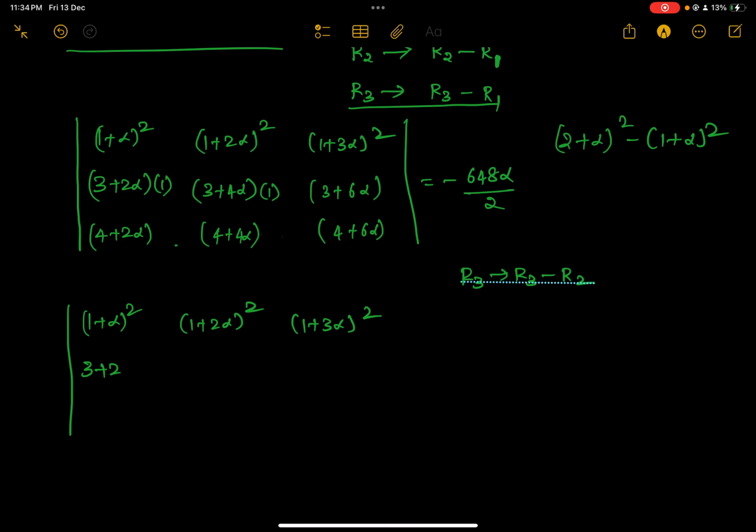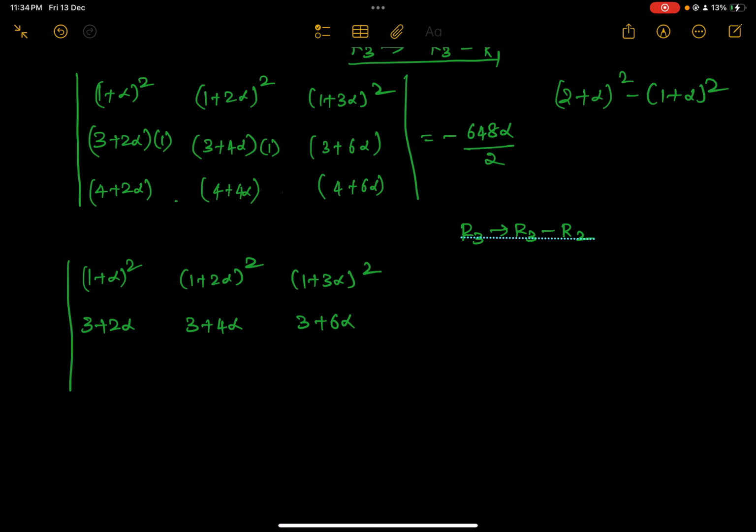This is 3 plus 2 alpha, 3 plus 4 alpha, 3 plus 6 alpha. And then here when you do r3 minus r2, this will be 1, this is also 1, and this is also 1. See how simply it got reduced. So this will be 3, 2, 4 alpha.